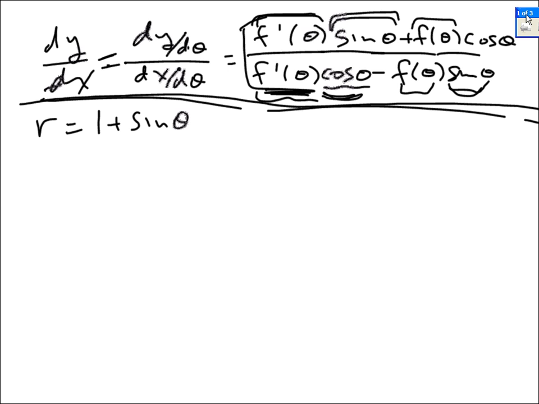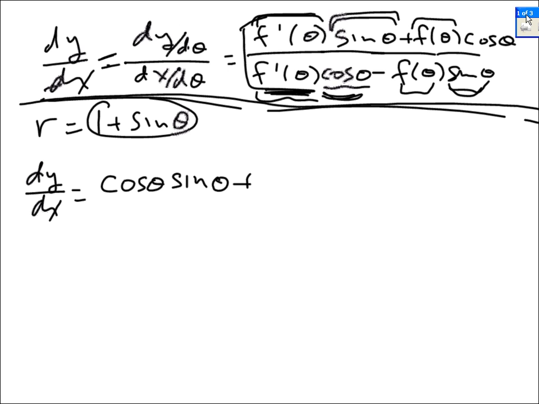So dy dx is equal to f prime of theta, where this is f of theta. F prime will be cosine of theta times sine of theta, plus f of theta, 1 plus sine theta, times cosine of theta.